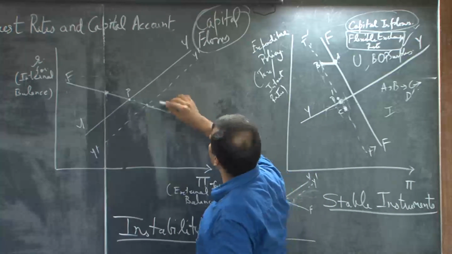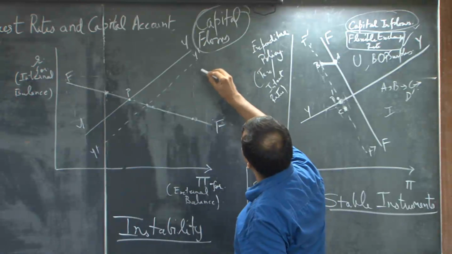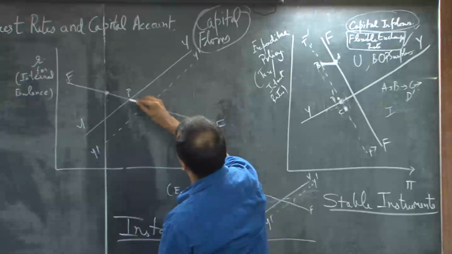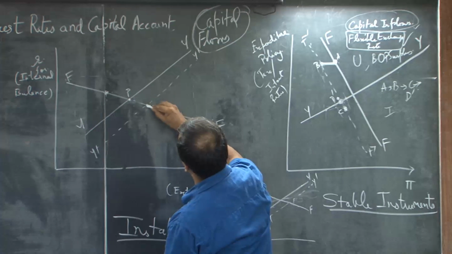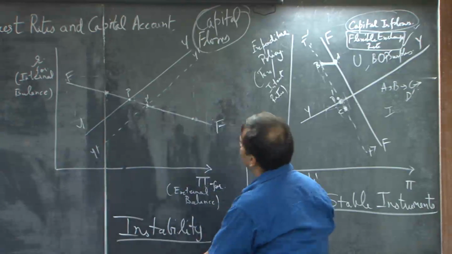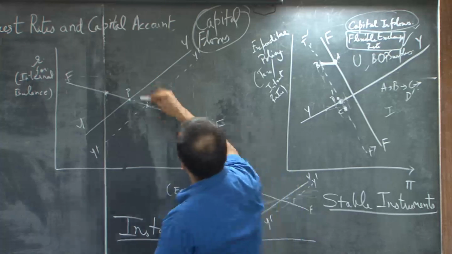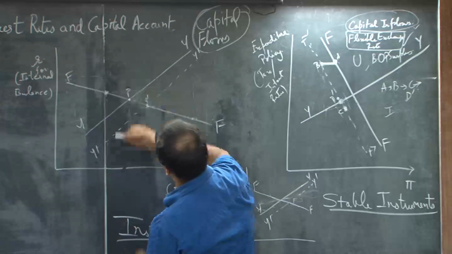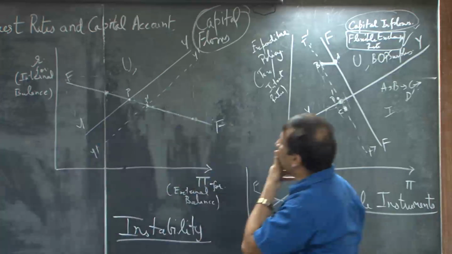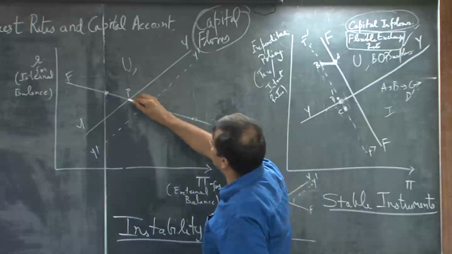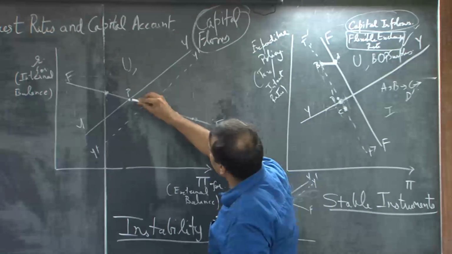Now let's see. Okay, so here was the situation. There's an increase in labor force, so the YY curve shifts down. You have a situation where above the Y dash curve, you have unemployment. And because it's a flexible exchange rate, you will not move out of the FF curve. Now see what happens.